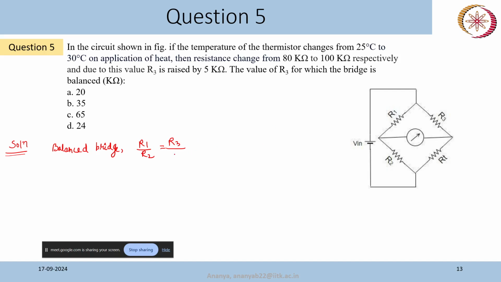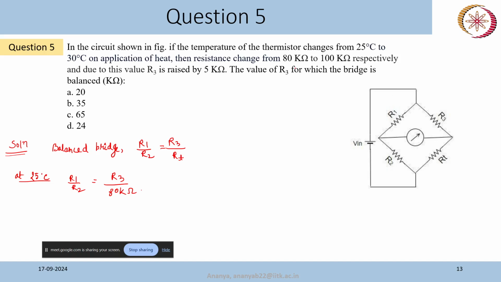For this case it is RT, the resistance of the thermistor. Now at 25 degrees Celsius the bridge is balanced. So R1 by R2 is equal to R3 by RT, which at 25 degrees Celsius is 80 kilo ohm, right?